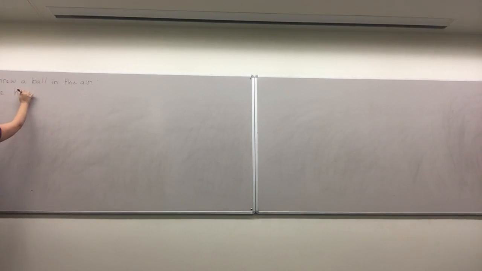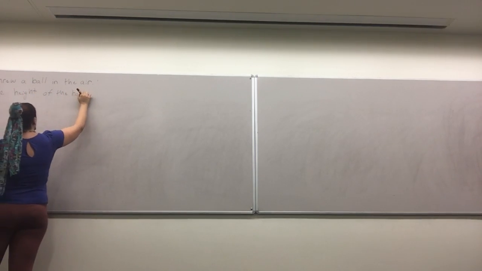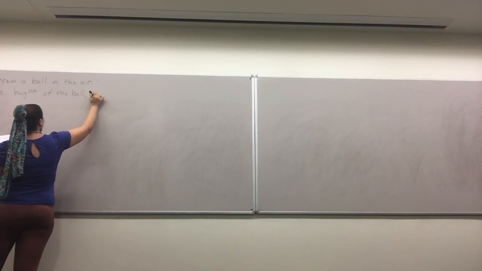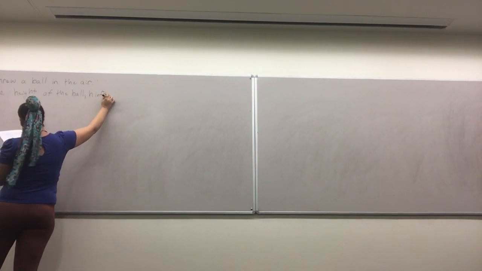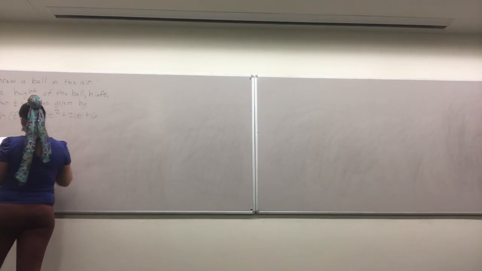The height of the ball, h in feet, after t seconds, was given by h of t is equal to negative 12 t squared plus 21t plus 6.